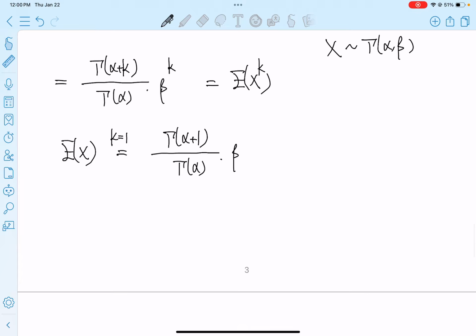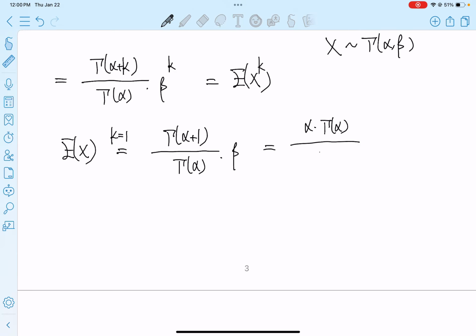And earlier we mentioned that the property of the gamma function is that gamma of alpha plus 1 is equal to alpha multiplied by gamma of alpha, divided by the denominator, multiplied by beta. And that means the first moment of the gamma distribution is equal to alpha beta.